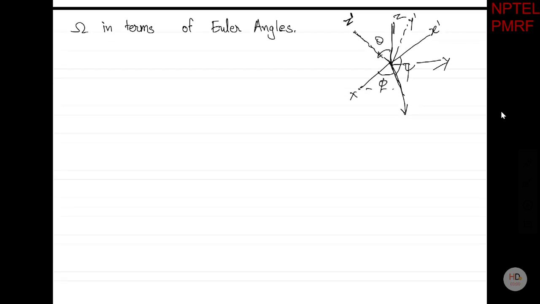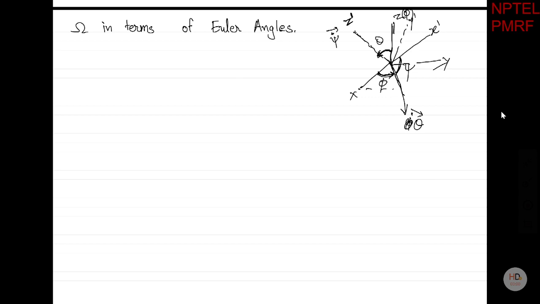This angle we called psi. So we rotated phi this way, which means the direction of phi dot would be in this direction, right? Similarly, psi was rotated this way about z prime, so psi dot would be in this direction. Theta was rotated this way, so this was theta dot, and phi was rotated along z, so this was phi dot.